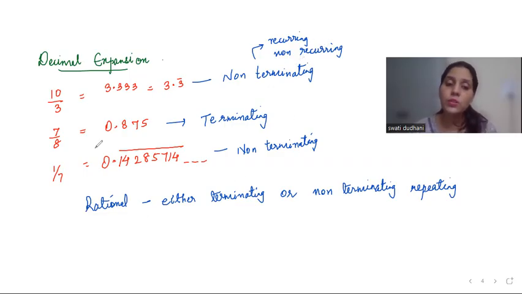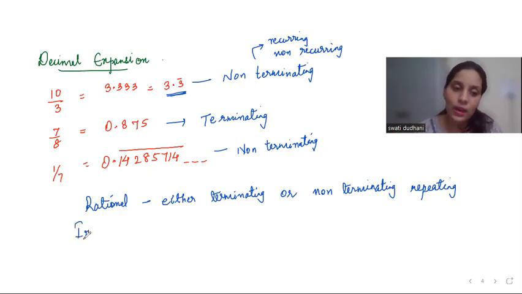So rational numbers are all the terminating ones, where you end up having the remainder 0, or the remainder is not 0 but the same thing is repeating again and again. For example, this one, 3.333, you will never end up having 0 in the remainder, but the same pattern is repeating. So all these kinds are rational numbers.